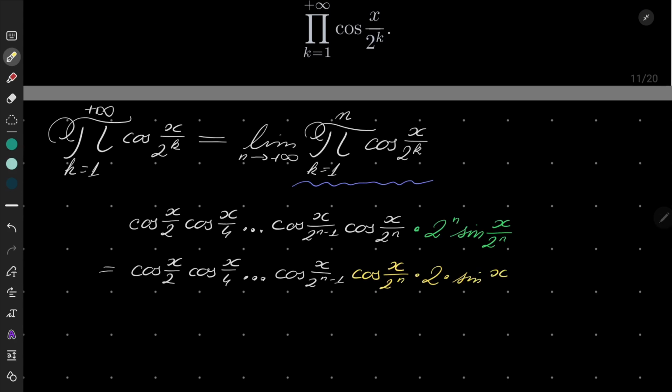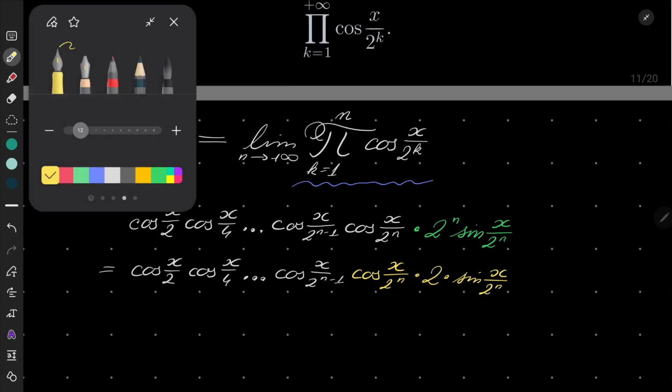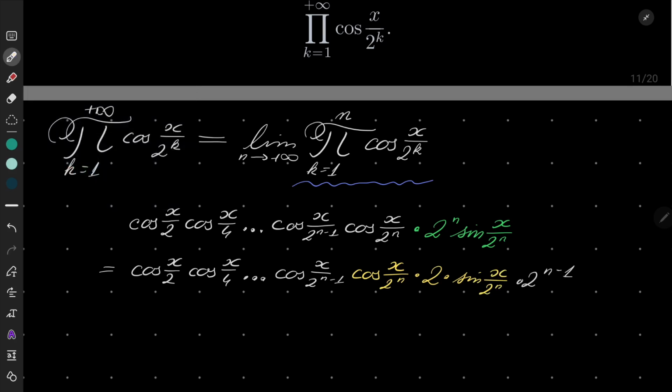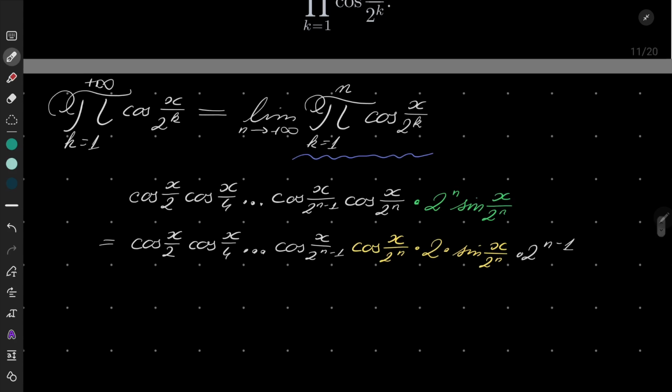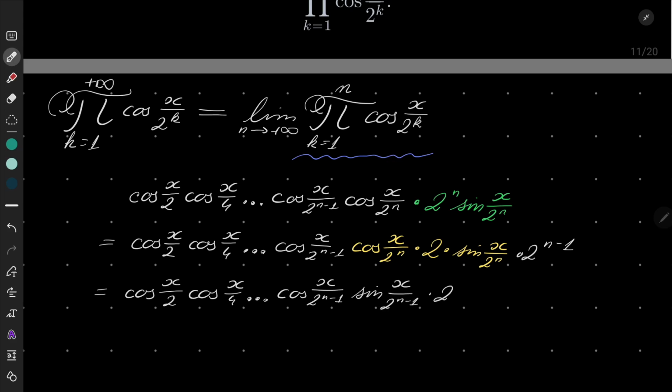I will have sine of x over 2 to the power n, and the remaining is 2 to the power n minus 1. And now this part, which was written in yellow, by the formula for sine of double angle becomes sine of twice the angle, but 2 times x over 2 to the n is x over 2 to the power n minus 1. And instead of 2 to the power n minus 1, I will write 2 times 2 to the n minus 2.